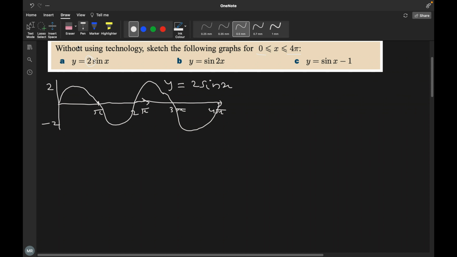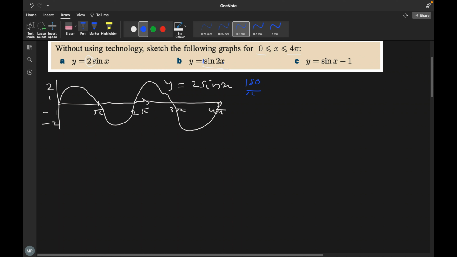Now let's solve the second one on the same axis. This would be 1, minus 1. The amplitude for the second question would remain the same, which is 1, like the usual sine x, but the period would be 180 degrees or pi.